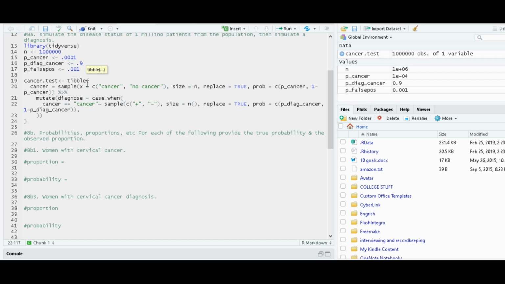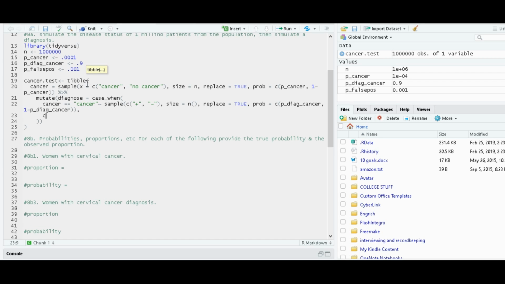All right, and then we want to add in the false positives here, right? So this is when it's no cancer. We can actually just copy this whole thing right here to save some time.